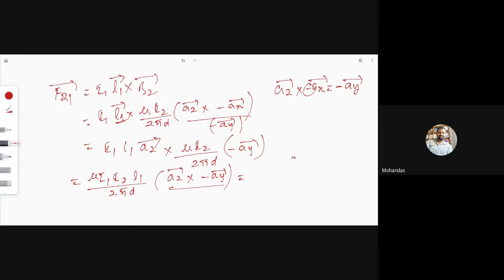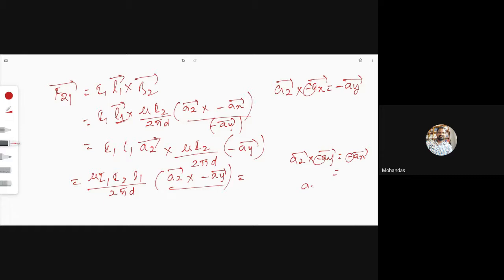What is AZ cross AY? It is actually minus AX, but there is already a minus, so minus and minus becomes plus.